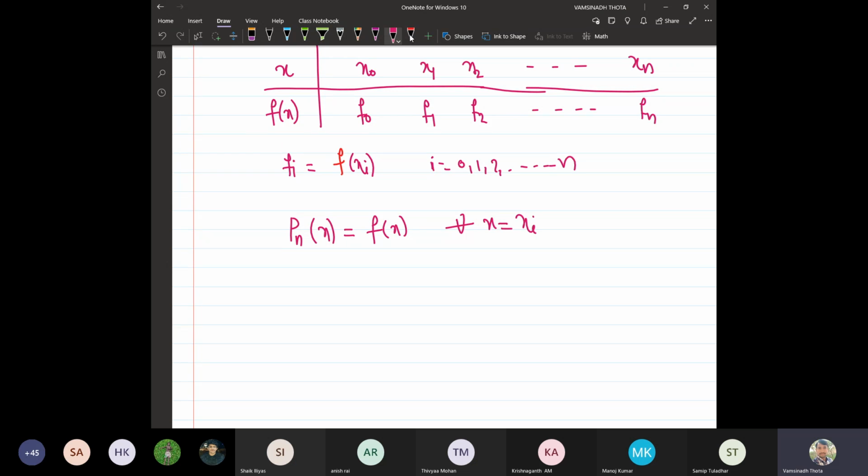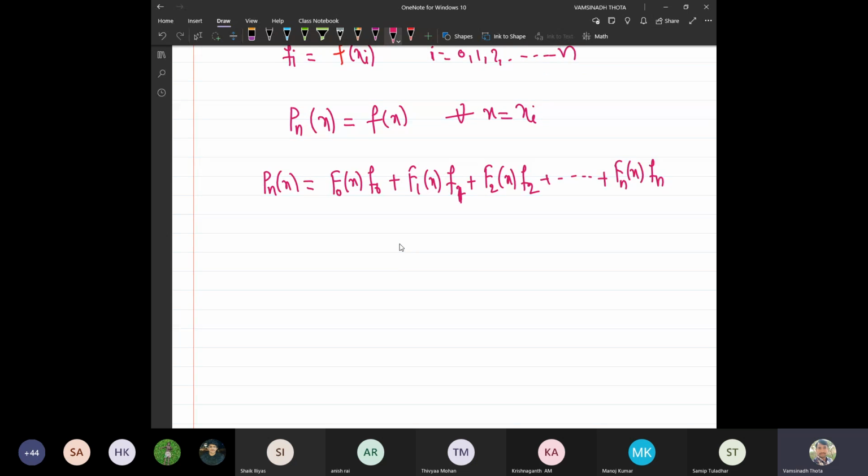So the Lagrange interpolation method considers the interpolating polynomial to be of this form: capital F0 of x times small f0, plus capital F1 of x times f1, and plus capital F2 of x times small f2, and so on, plus capital Fn of x times fn.